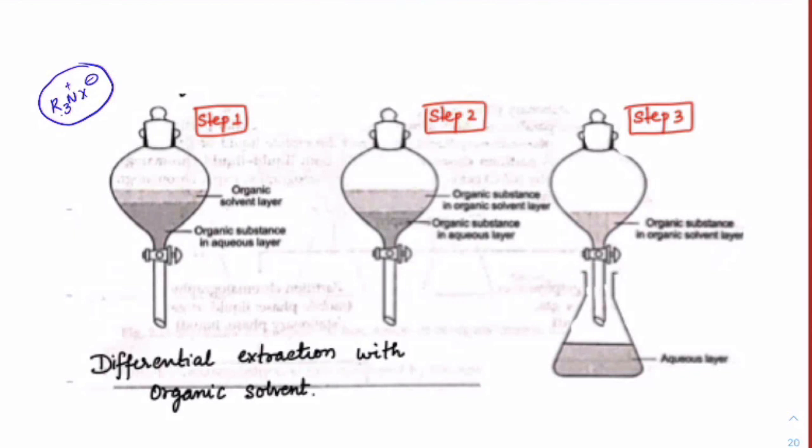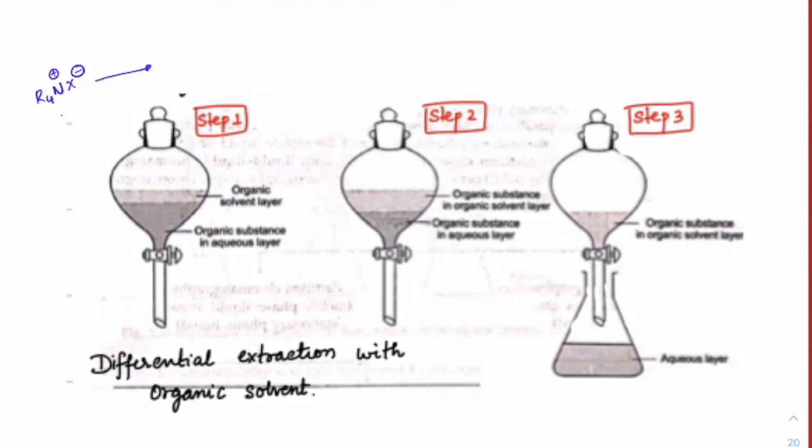When you have ammonium salts, the ammonia part is immiscible in water. This is R4N+ and X-.